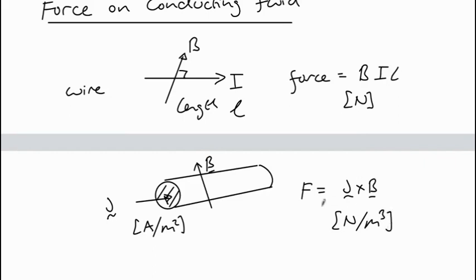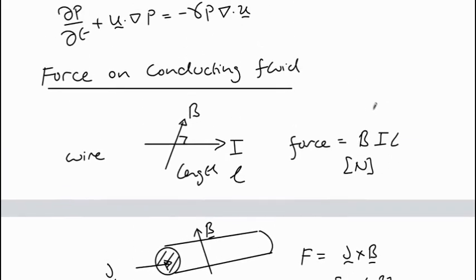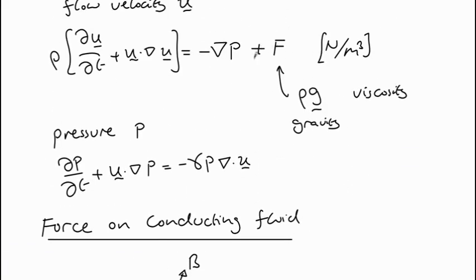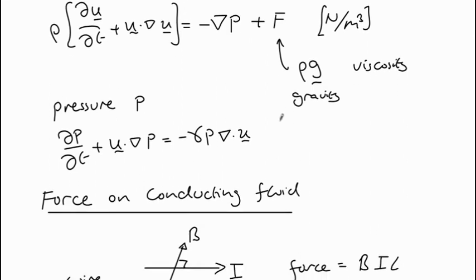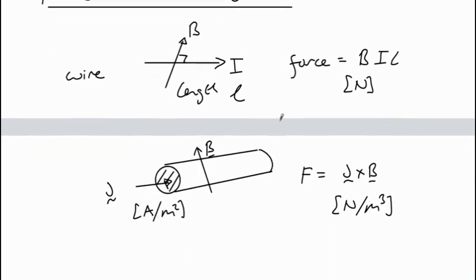This is the force per volume, so we can just add this to the Euler equations as an external force. Now our fluid is carrying a current density J, and it's in a magnetic field B, which might also be generated by the fluid itself.